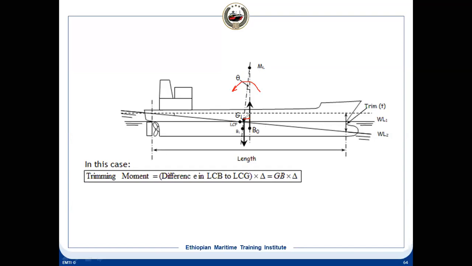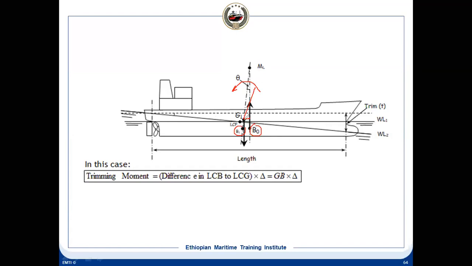Keeping this as a center, it will move like this. And once B0 comes to B1 on this line, it will stop. Because now there is no lever, the moment will become 0. So that will be the equilibrium position.